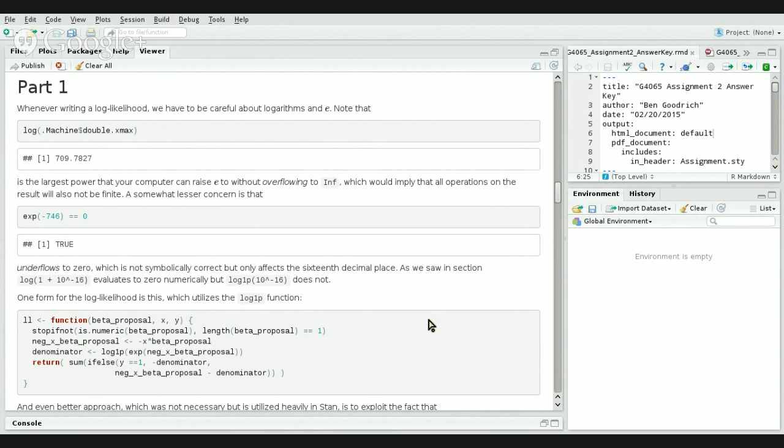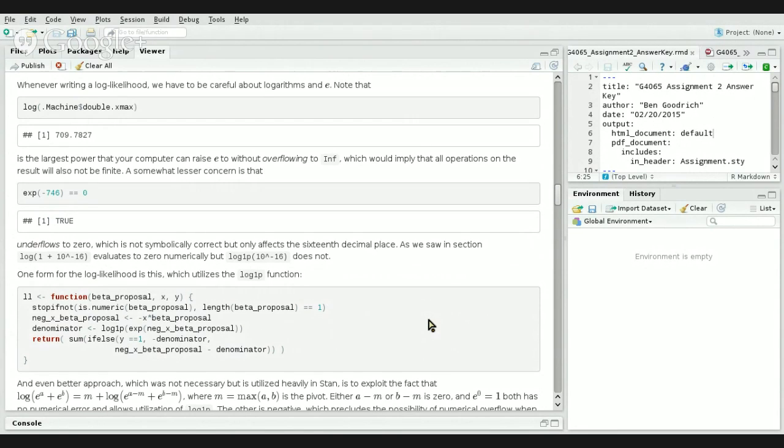That's what's known as underflowing. Underflowing is generally not as bad a problem as overflowing, because if something shouldn't be exactly 0 but the computer thinks it's 0, then you're off by something in the 16th decimal place, but the calculation can continue, and most likely you're not going to care about any accuracy beyond the 2nd decimal place anyway. But overflowing basically means it's never going to get away from infinity numerically.